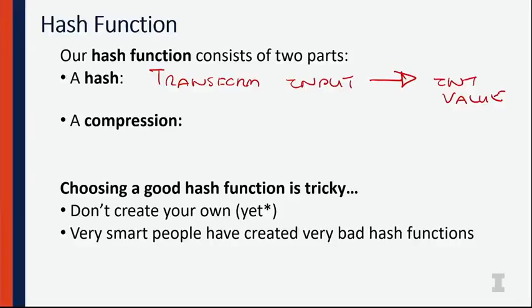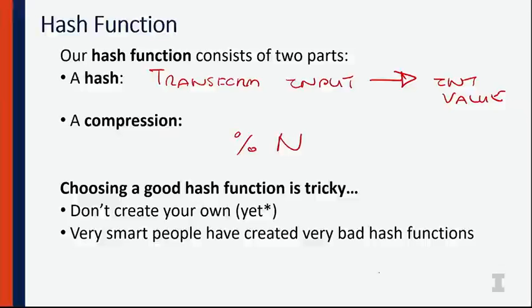Here in this initial transformation, I'm often not going to worry about the bounds of that integer. I just need some generic function that's going to turn whatever my input is into an integer form. The second part of my hash function is going to be a compression to make sure the hash value is within the bounds of the array. The compression can be easily done with a mod operator. So I can do that using mod n.